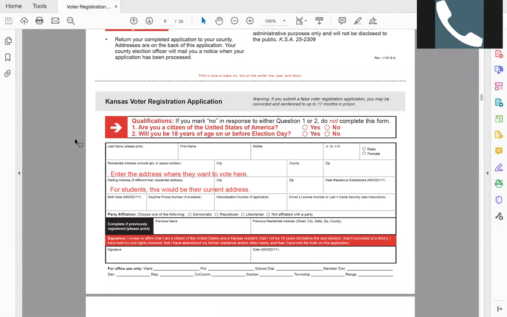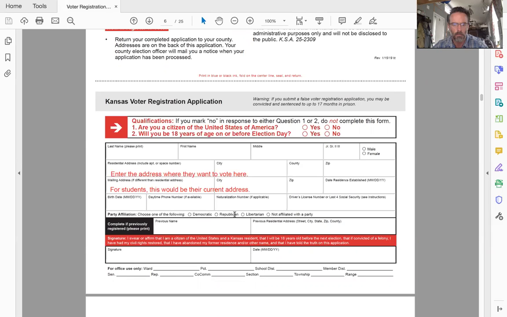Great. Okay. May I add one thing? On the Kansas form, it does list the party affiliations that people can put on the federal form, because there's only a few of them. Right up above the black box that says complete if previously registered, it says party affiliation.